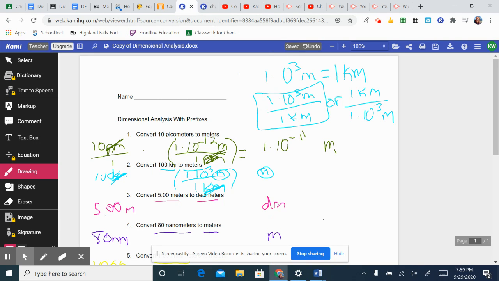So you just gotta plug it into your calculator now, and I'm just gonna move that over here. So 100 times 1 times 10 to the third.